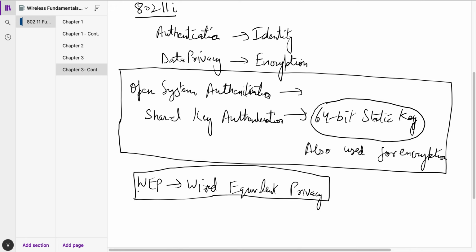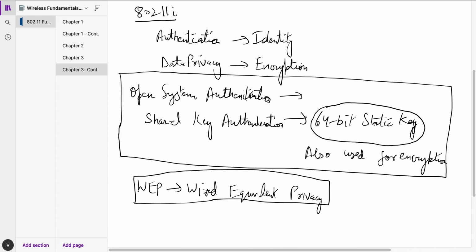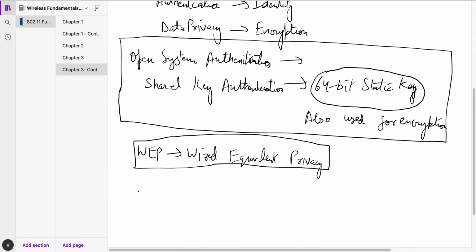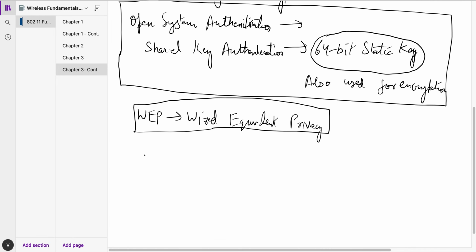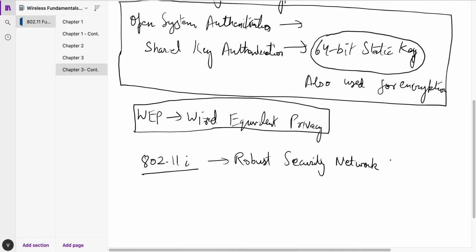Not a great method of authenticating or encrypting way back, but then there was a need of a new standard in security because this had to be addressed. Now, this particular standard, 802.11i, which was launched, also known as Robust Security Networks, RSN.